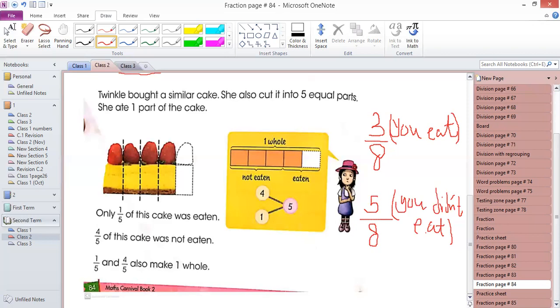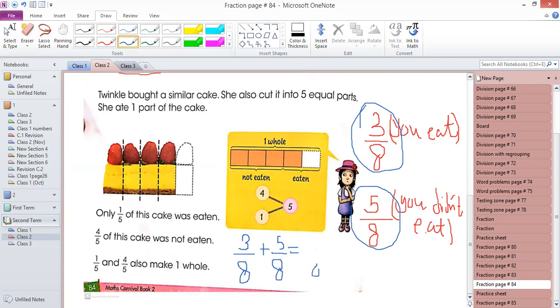Okay. So if we add the pizza which you ate with the pizza which you did not eat, it will be equal to 1. 3/8 is the pizza which you ate, plus 5/8, which is the pizza you did not eat, that will be equal to 1 whole.